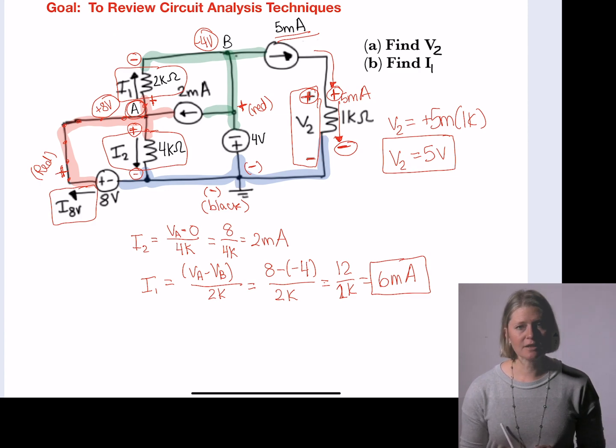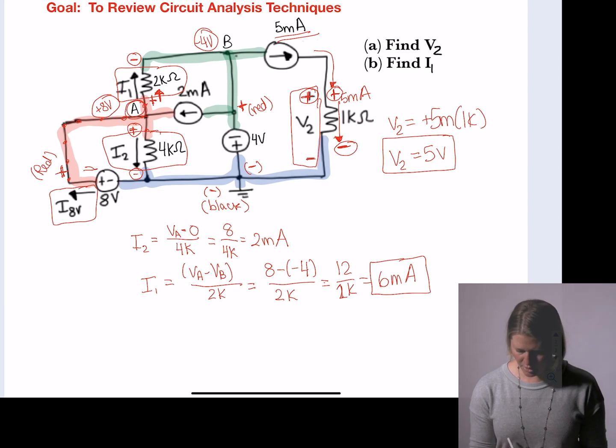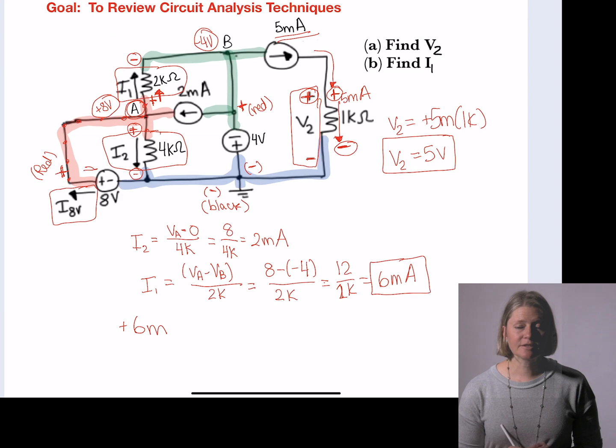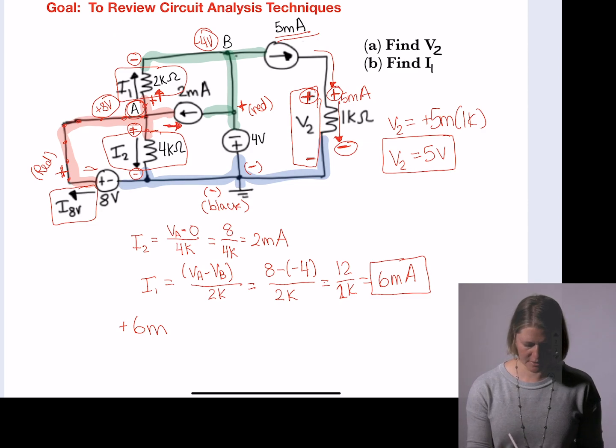So we notice that in that branch, I1 is going in the same direction. So the node voltage equation at A is going to be a plus I1, which is plus 6 milliamp, out of A in this branch. I see that the 2 milli is opposite that, so that gives me a negative 2 milli because it is opposite.